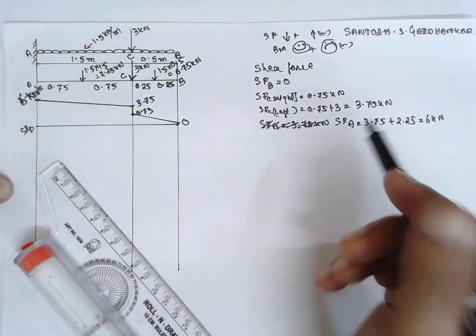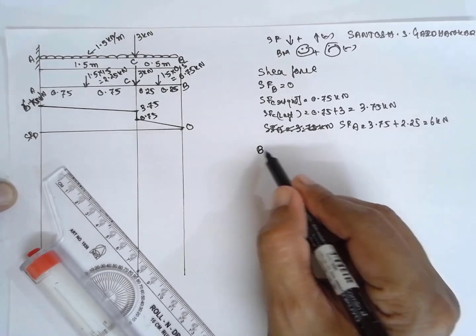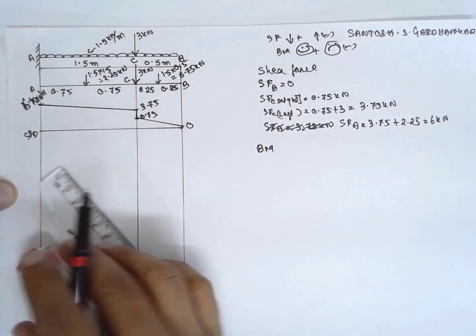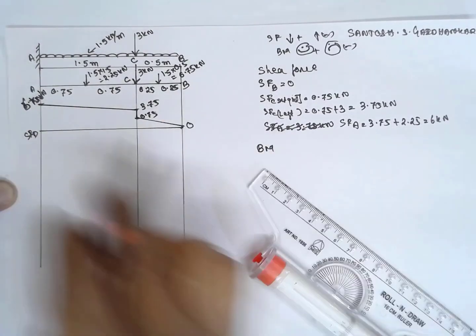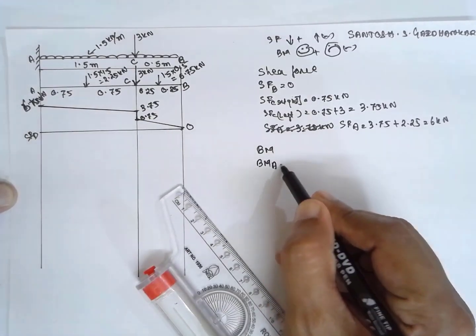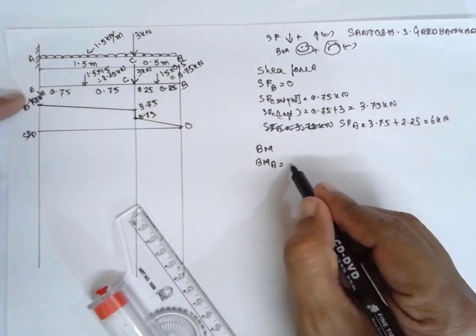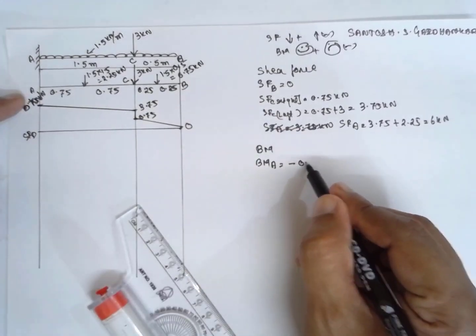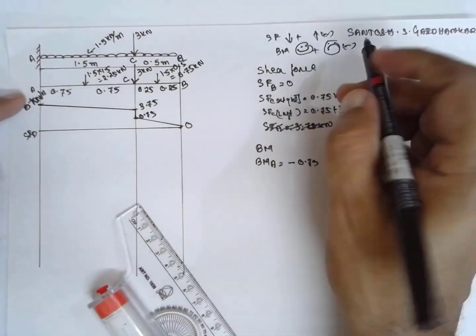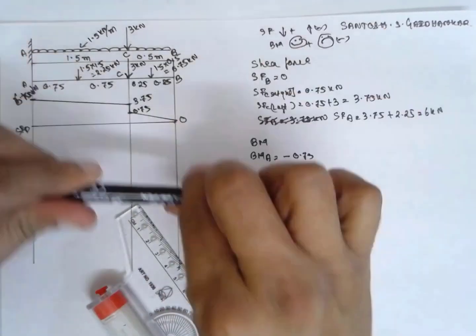Now I am going to BMD. Now I will go from left to right. First I will consider the BM at A. I will refer to this diagram here. The first load is here, minus 0.75. Why is it minus? It is sad face. It is bending in this way. Therefore it is sad.